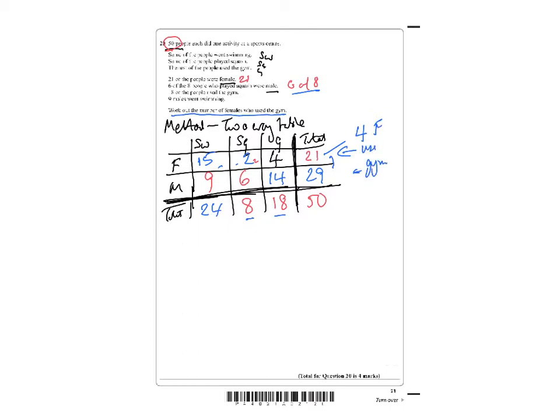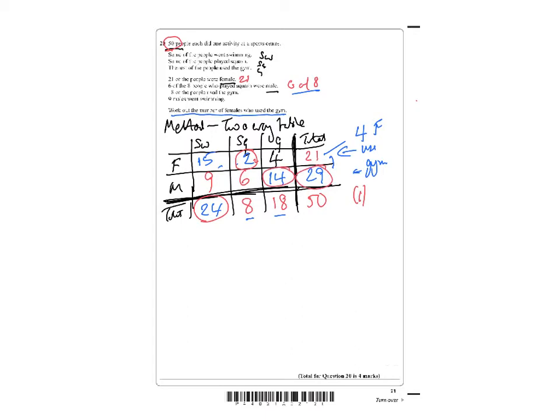Okay, so where are the marks allocated for this question? There is 1 mark given for getting any of the values, so maybe the 2 here, or the 24, or possibly the 14, or the 29.